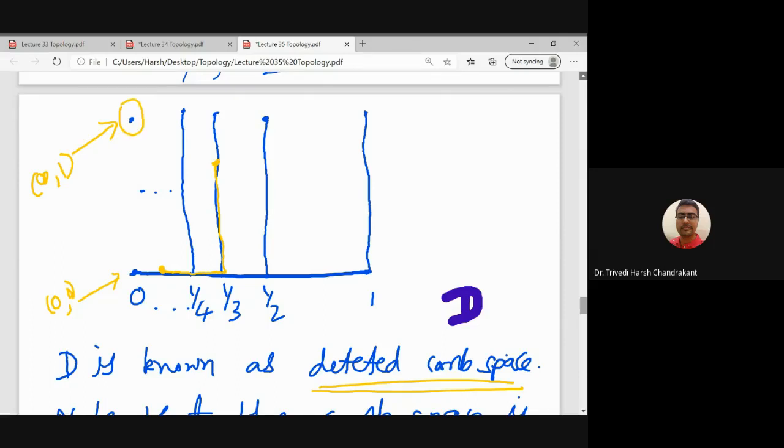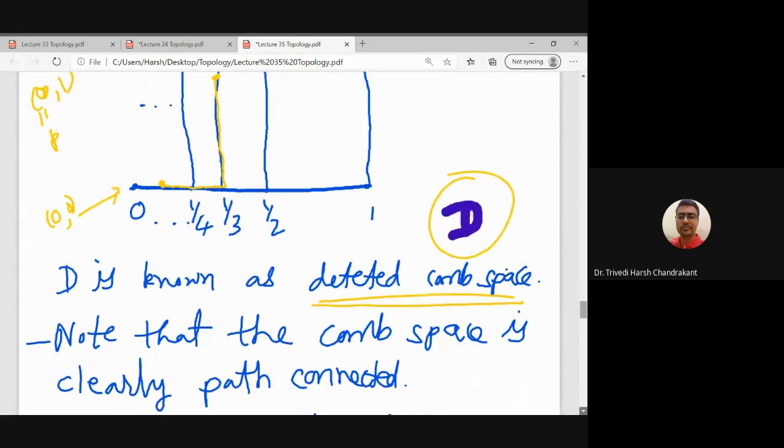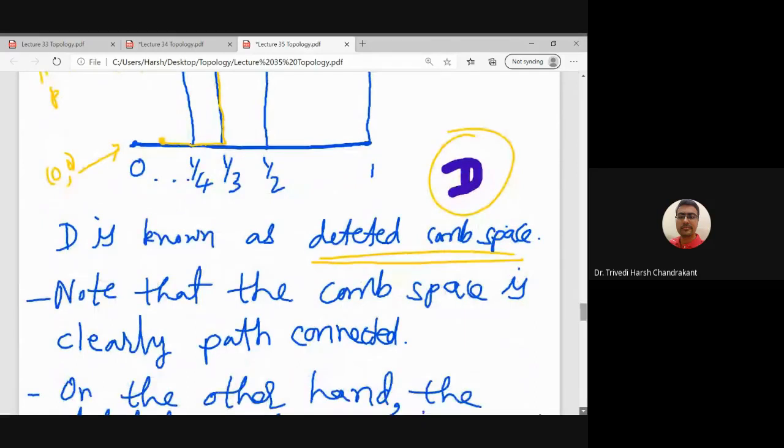So except this point 0, comma 1, I can call this point to be P also, right? So except this point P, any points in the deleted COMB space can be connected by path. So it is easy to observe by the figure. So note that the COMB space is clearly path connected.